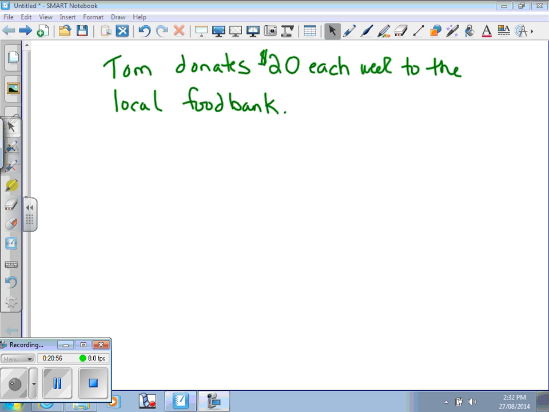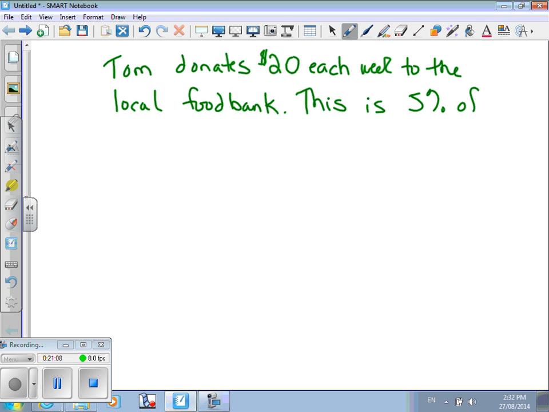Second part will say this is 5% of his gross income. Gross meaning the total amount he makes in a week before they take off any taxes.